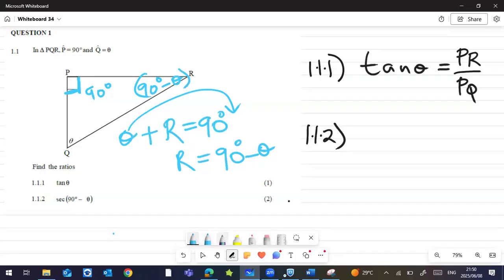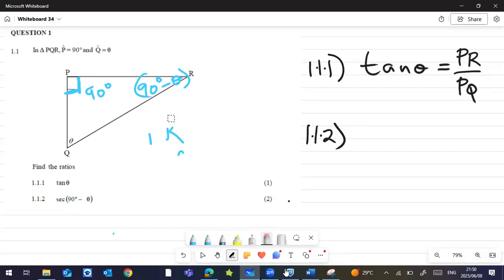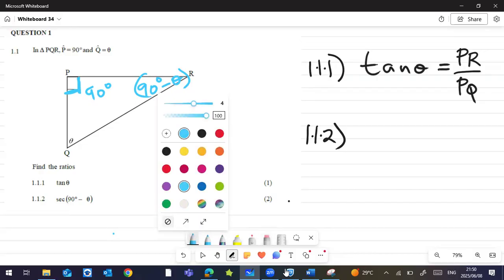Now, what we should also remember now, what was the question? Let us look at our question. The question here is to find secant of 90 degrees minus theta. So we know when we talk about 90 minus theta, we are talking about that angle R. What is secant by definition? Secant, remember, is the reciprocal of cos.